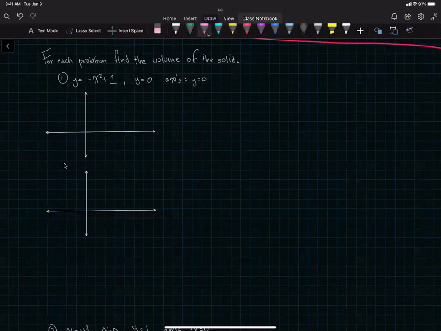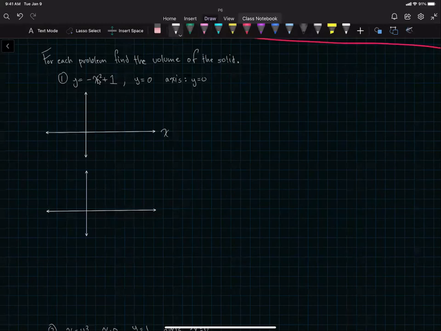So for each problem, find the volume of the solid. We have these things that we're given. These are going to be boundaries. So we have y equal to negative x squared plus 1. The first thing you have to do is quickly sketch what you are given. I already have my x and y.